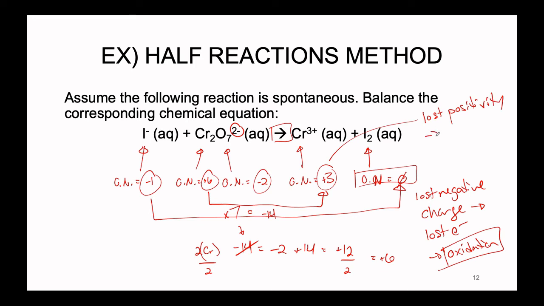And if we lost positivity, that must mean that we gained some negativity, which means that we must have gained electrons. And if we gain electrons, well, by definition, this is a reduction step. So it is our chromium that is being reduced over the course of this chemical reaction. It's the iodine that is being oxidized. It is the chromium that is being reduced.